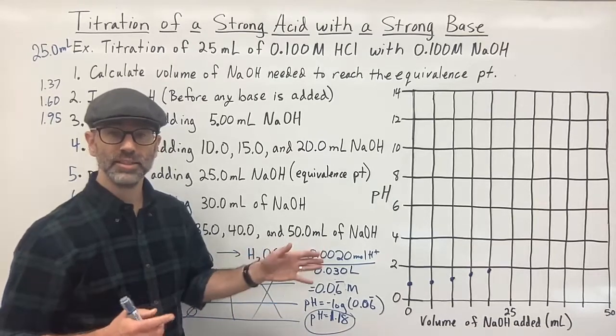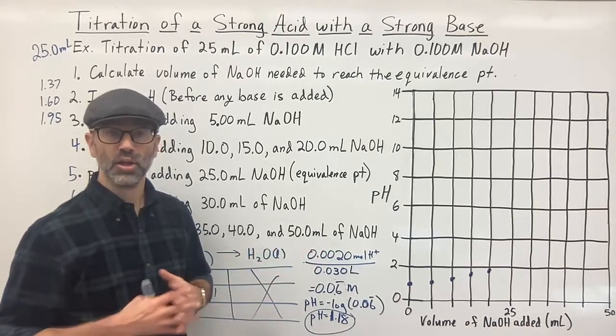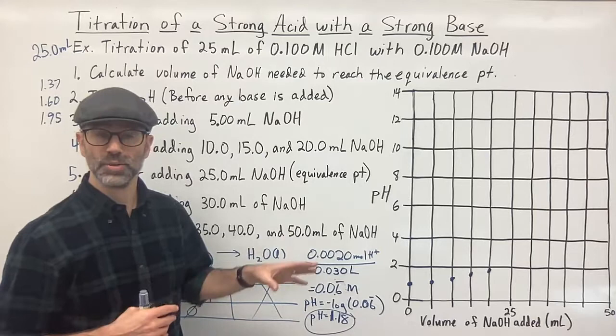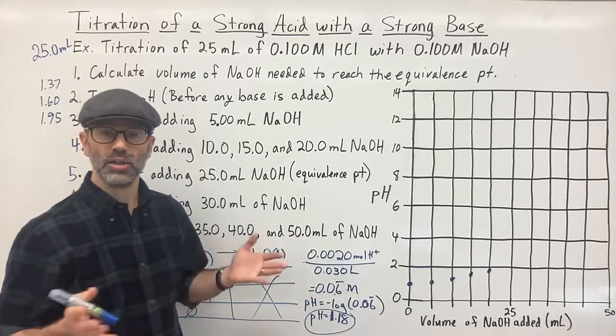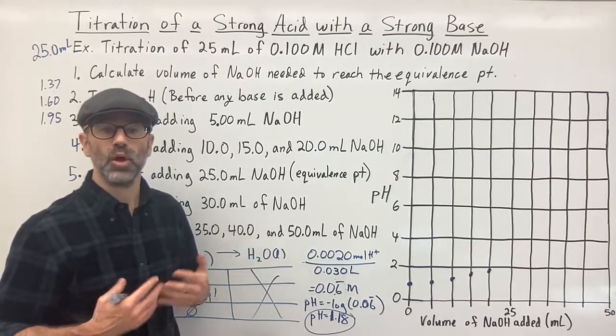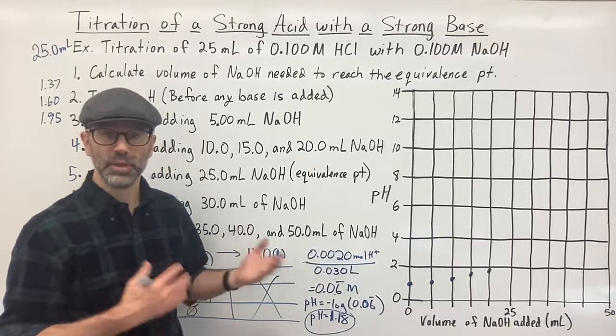So your acid is gone, your base is gone. The only thing you have left is water and some salt. And so the autoionization of water is going to be the only source of OH minus and H plus.